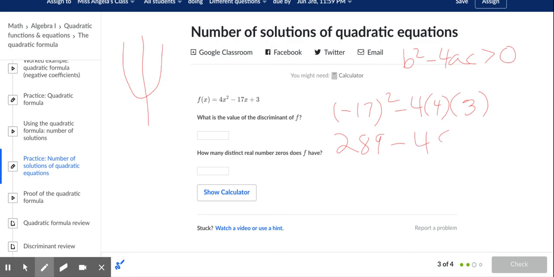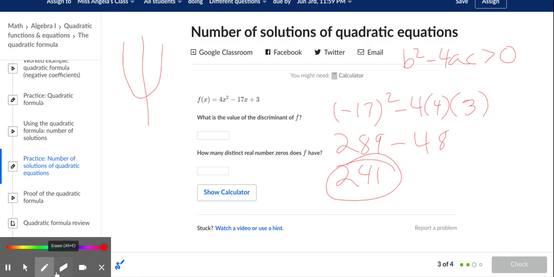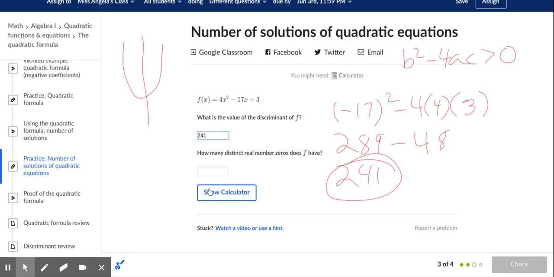So minus 48. 289 minus 48 is 241. So that's positive, right? So how many solutions are we going to have? 241. We're going to have 2 solutions. So if positive, we have 2 solutions. Negative, 0 solutions. 0, 1 solution.